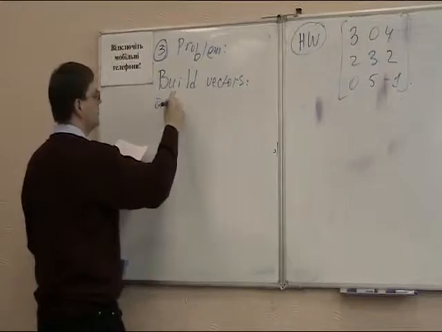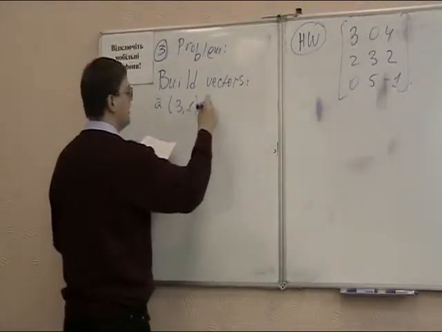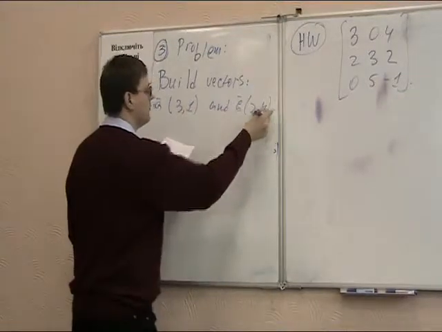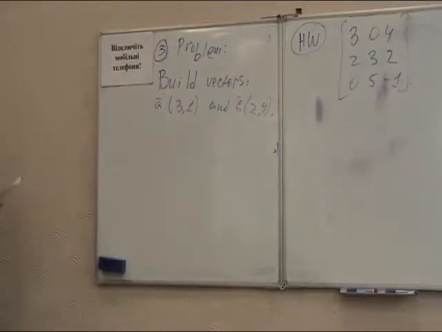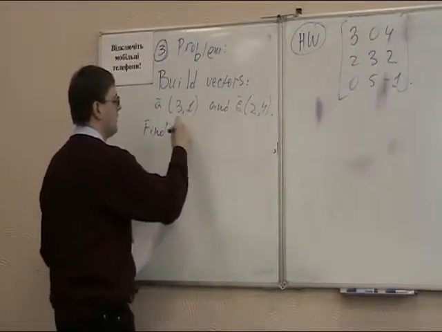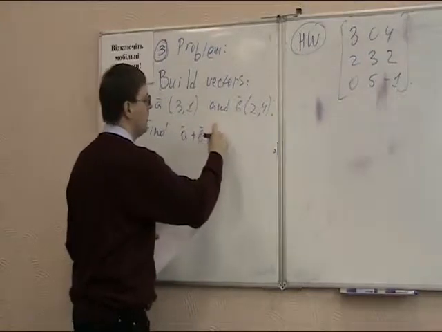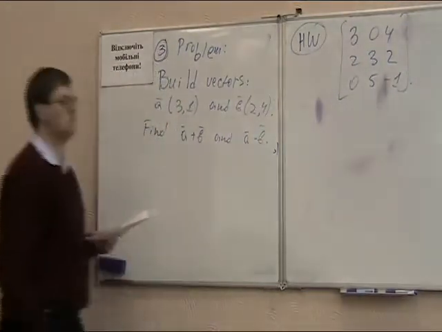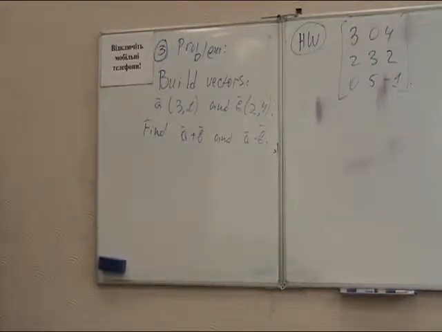Vector A, which is 3 and 1, and vector B, which is 2 and 4. And after you have built those two vectors, find vectors A plus B and A minus B. And why don't you try this in your notes right now?